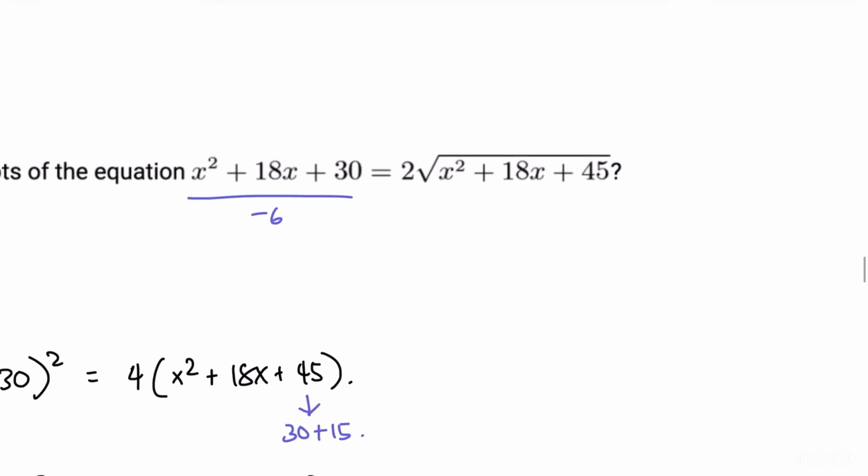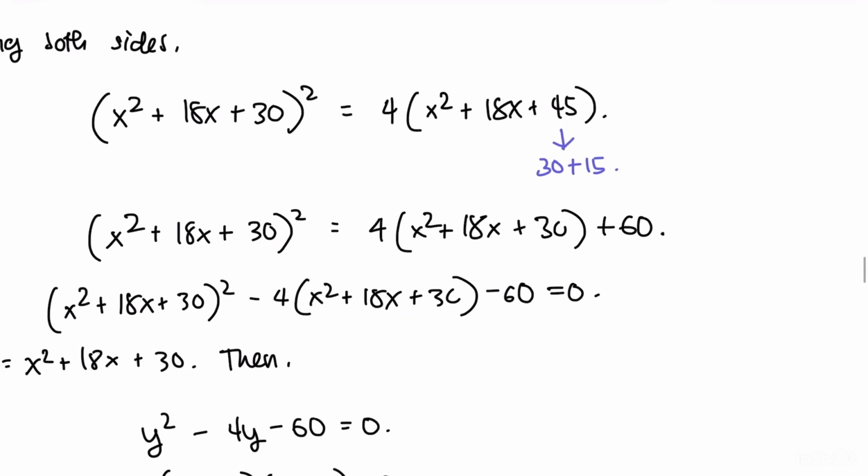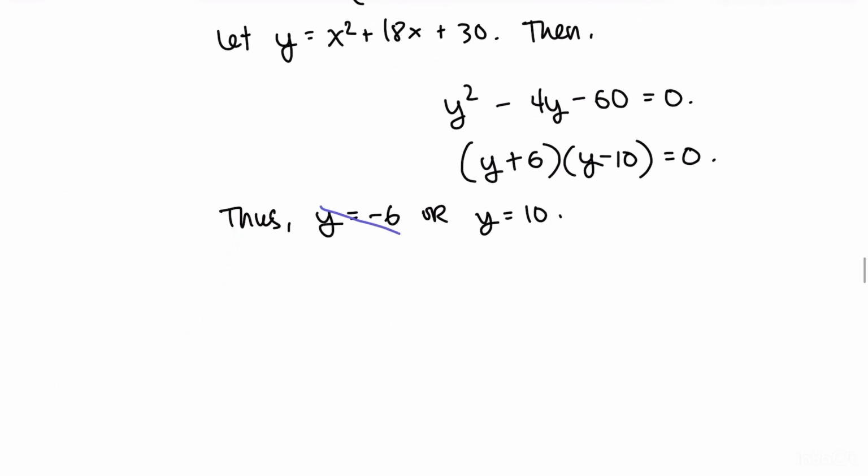However, the right hand side is always positive because of this square root in the right hand side. But since the left hand side is negative, this is a contradiction. So y cannot be equal to negative 6. So we pick y equals 10.